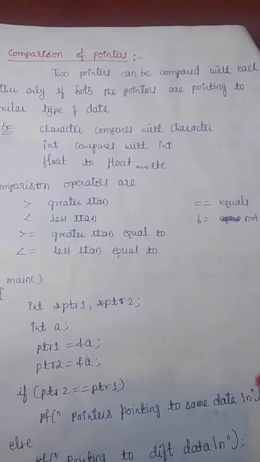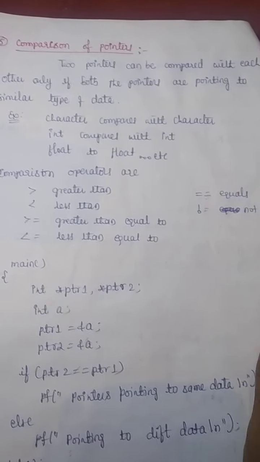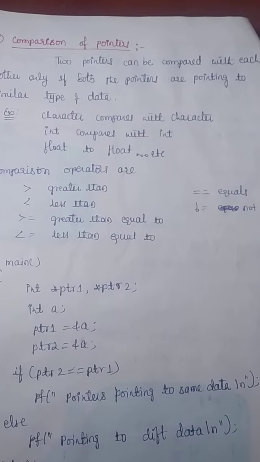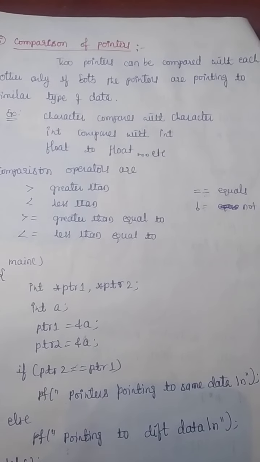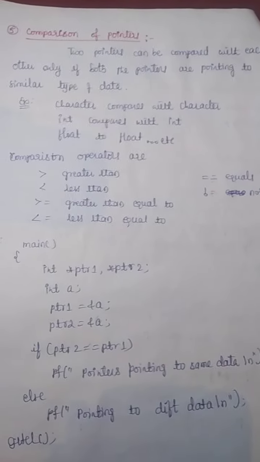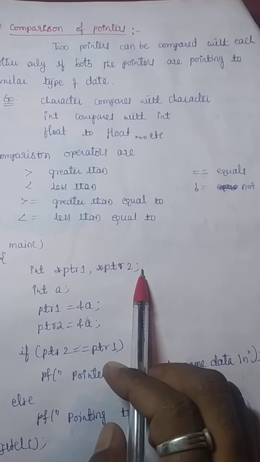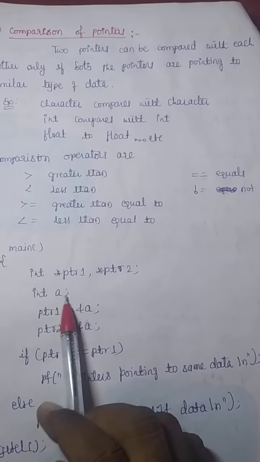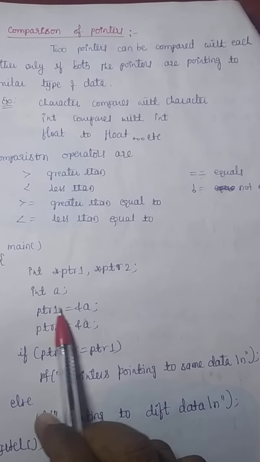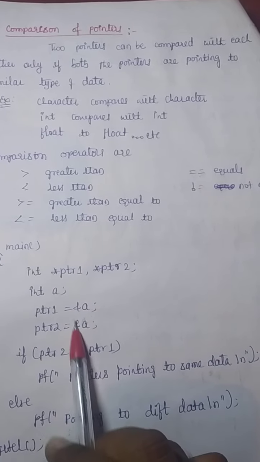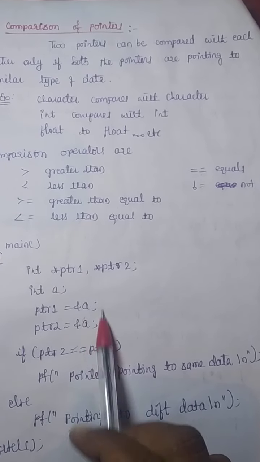Next we have comparison of pointers. See, this is a very interesting one. Comparison operators, you know: greater than, less than, greater than or equal, less than or equal, or not equal. We can compare two pointers here. See this example: int *ptr1 is the first pointer, *ptr2 is the second pointer. I am taking one normal variable a. Now ptr1 is assigned &a and ptr2 is assigned &a. It means both pointers have the same address.